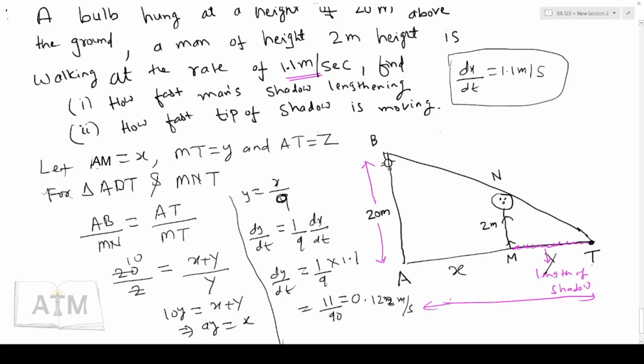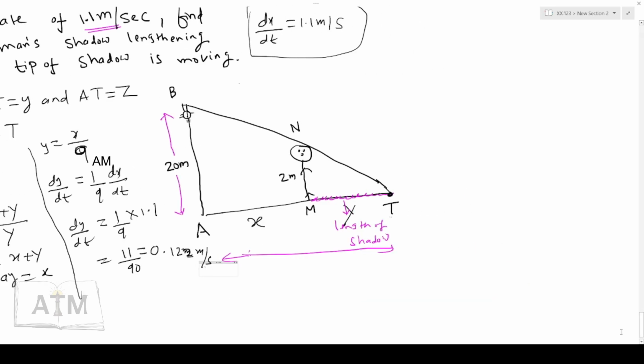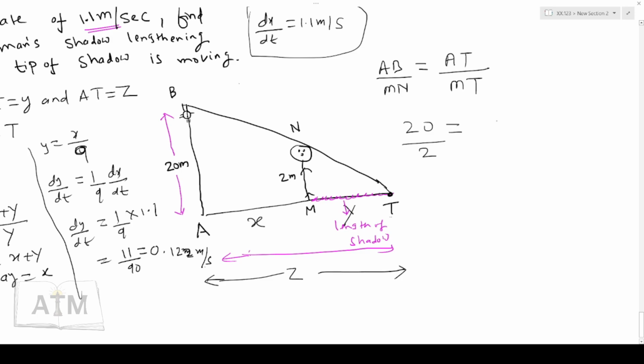Now we have to find how fast the tip of the shadow is moving. For that, let us call this length z. Again, AB upon MN equals AT upon MT. AB is 20, MN is 2, AT is z, and MT is z minus x.